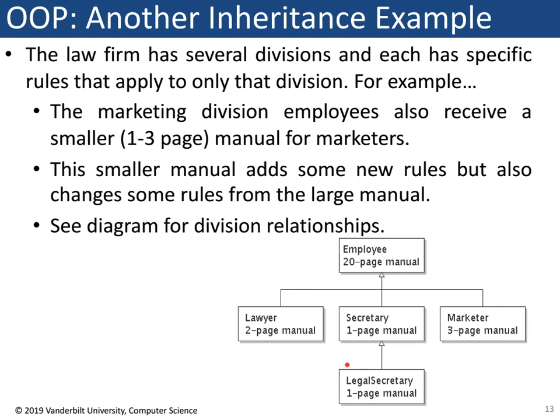And the legal secretary is a specific type of secretary, and they will have an additional 1-page manual on top of the additional 1-page manual held by all secretaries and the 20-page manual held by all employees. These additional manuals add rules and also may change some rules from the larger employee manual.